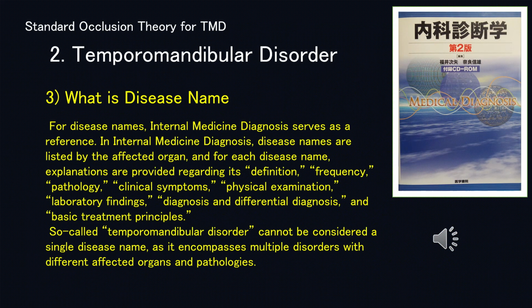3. What is disease name? For disease names, internal medicine diagnosis serves as a reference. In internal medicine diagnosis, disease names are listed by the affected organ, and for each disease name, explanations are provided regarding its definition, frequency, pathology, clinical symptoms, physical examination, laboratory findings, diagnosis and differential diagnosis, and basic treatment principles.